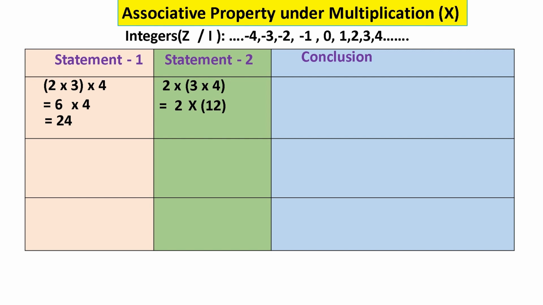So now again we multiply 2 and 12, and we will get 24. Now from case 1 and 2, in statements 1 and 2, we get the same answers. So (2 into 3) into 4 is equal to 2 into (3 into 4).